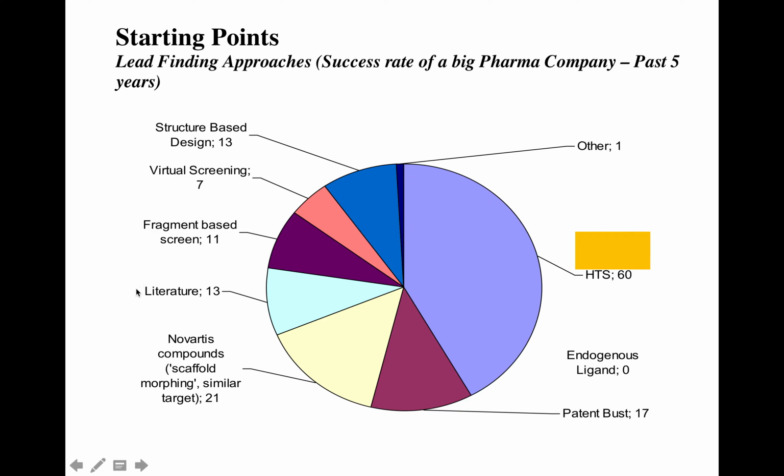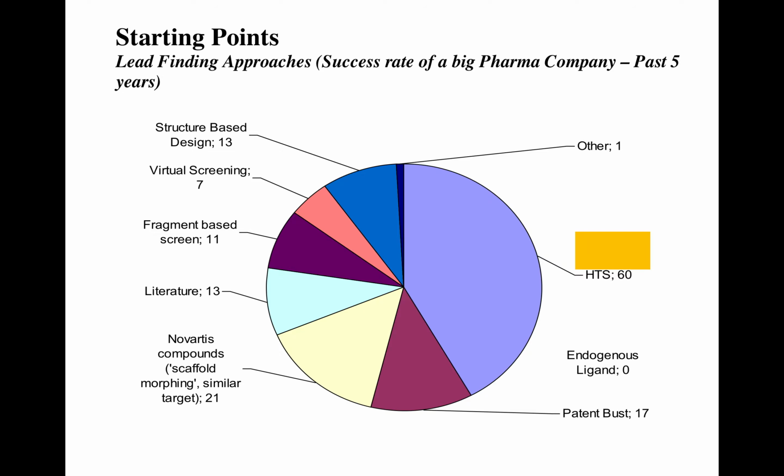Also, sometimes you can find new lead compounds just by doing a literature search. For instance, going through all the published papers, have a look and see if you can find any information on a specific lead compound for a specific disease where you've identified a target. And then also patent bust. Patent bust is where you try and make a Me Too drug.